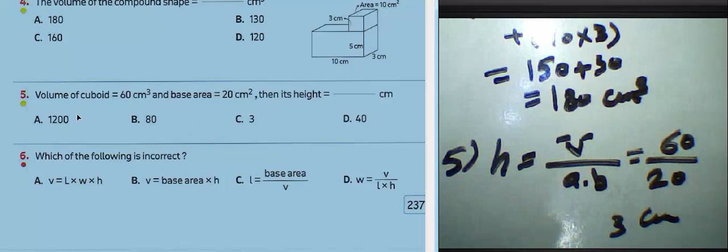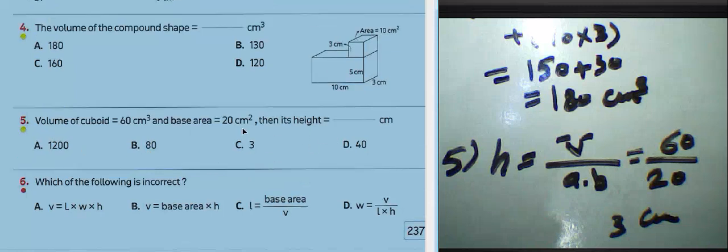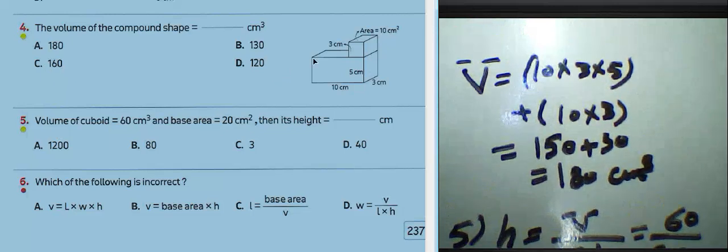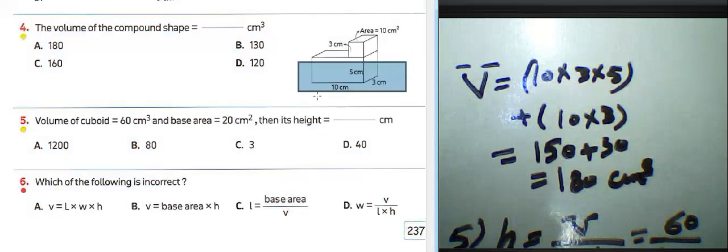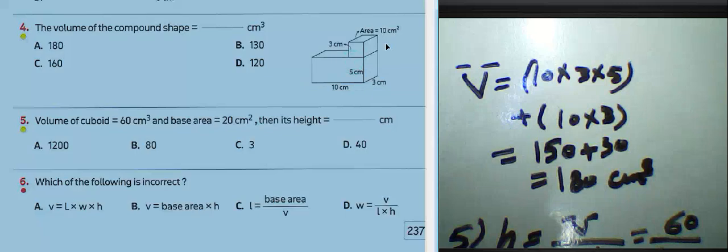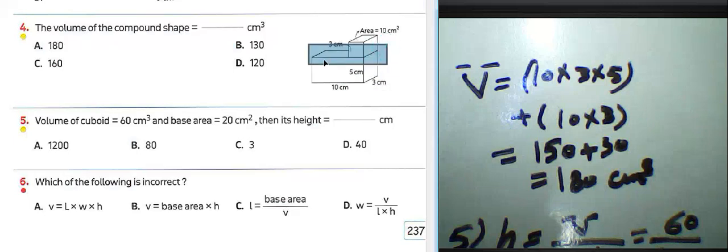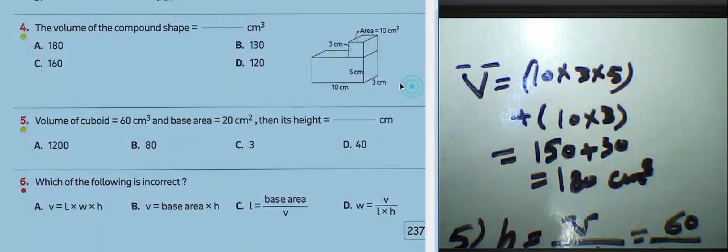And what about here? Number 5, we choose height was 3. And number 4, we solve this example by finding the volume of the base and the top. Look at this rectangular. In the base rectangle, length 10 and 3, and in the top rectangle, the base length 10 and 3, but the height will be different.